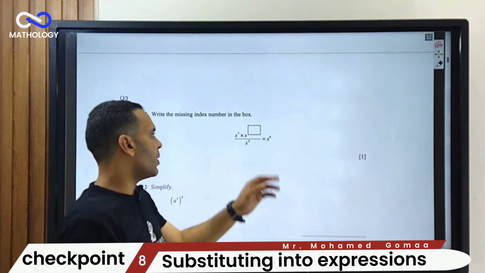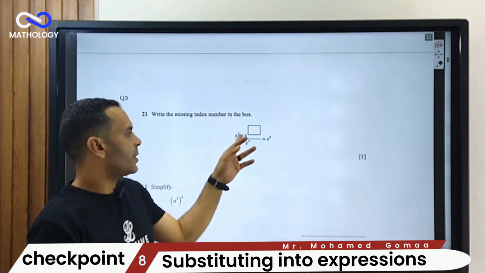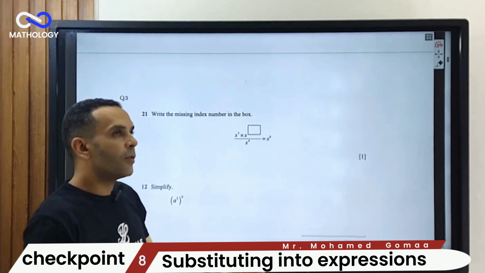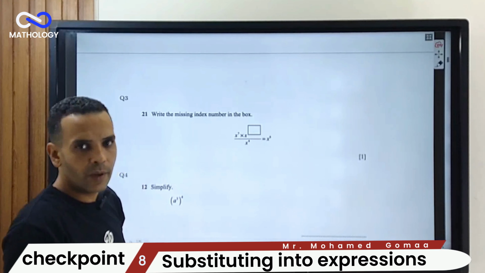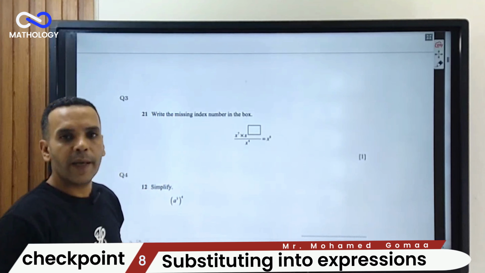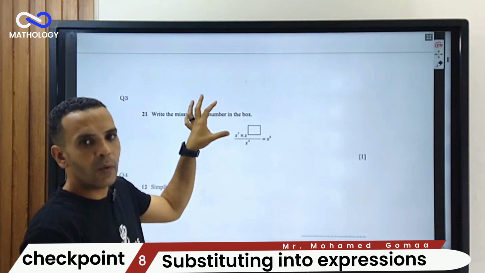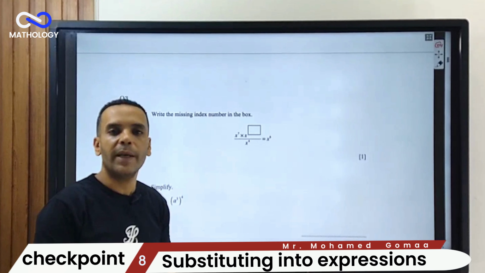He asked about the power or the index. X to the power 7 multiplied by x to the power what? Over here means divide. Divided by x to the power 4, the answer will be x to the power 8.